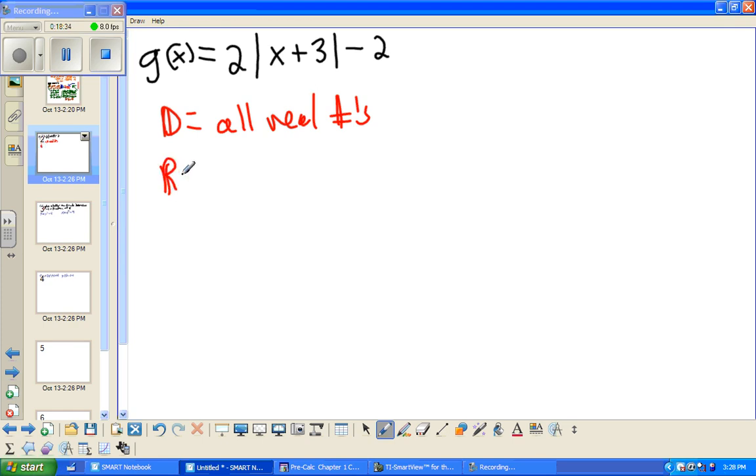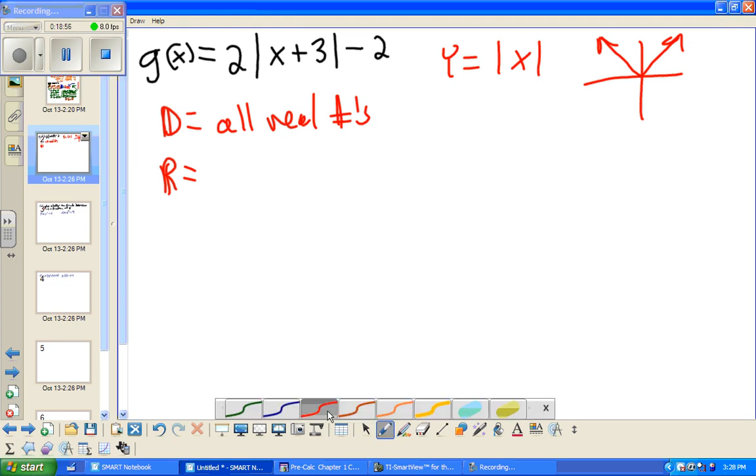How about the range? Well, here's where I have to be careful, because I remember this looks like one of my basic functions. The function I'm talking about is the absolute value of x. Well, I know that the range is restricted on that because that function only goes from 0 to infinity. Well, what happened to this basic function?